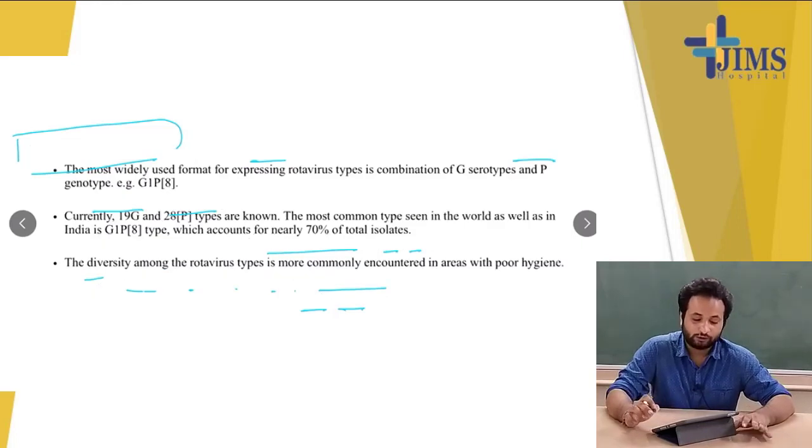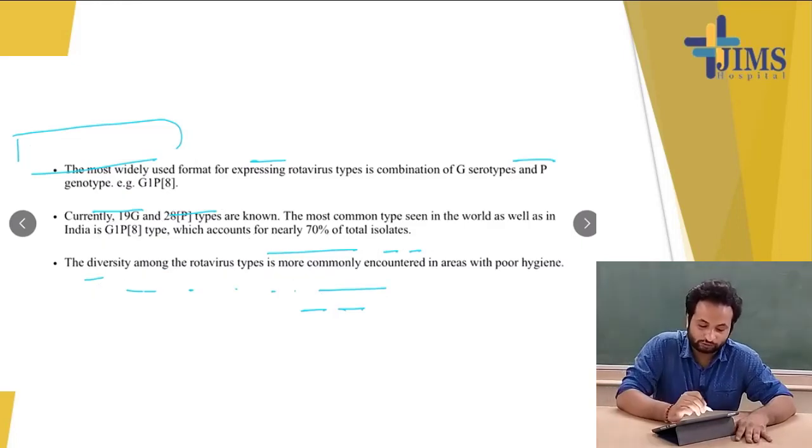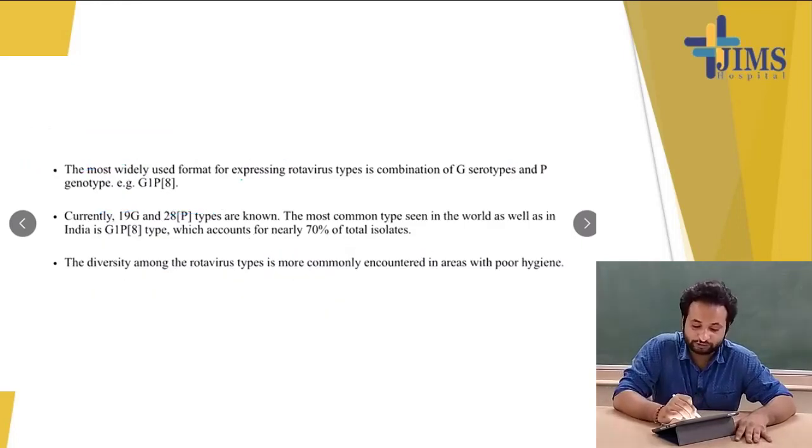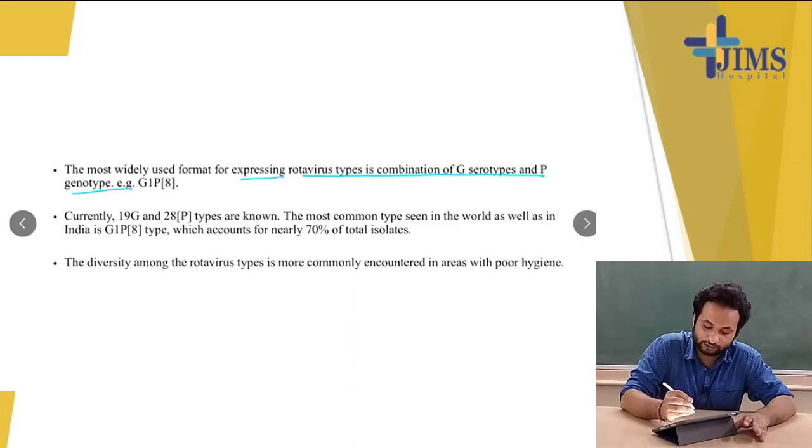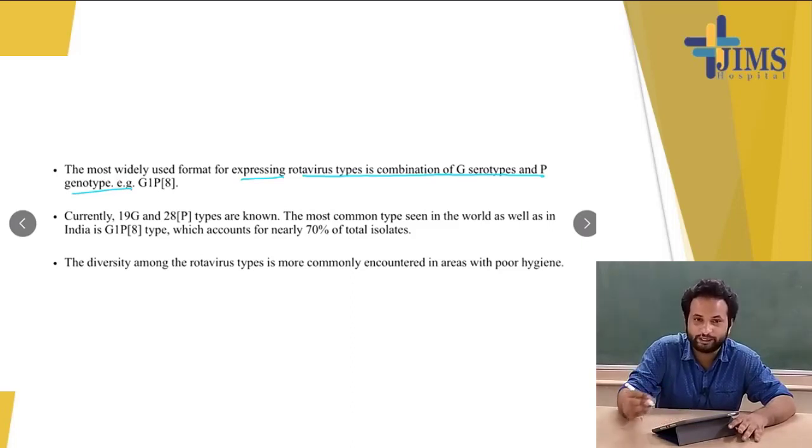The most widely used format for expressing rotavirus type is the combination of G serotype and P serotype. So if you want to express the rotavirus type, you are going to say it is, for example, G1P8 type.